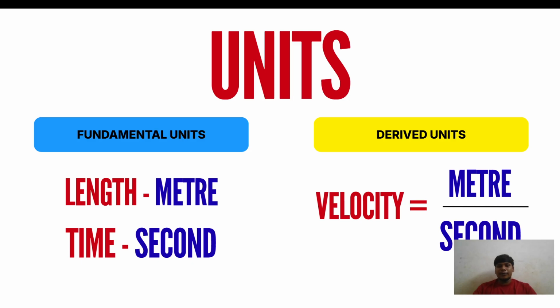The distance between 2 points is basically a length. So it is considered as meter. Length unit is meter. With respect to time, the time's unit is second. So we can represent velocity as meter per second. So this velocity does not have any particular special unit. It is derived from the fundamental units, so it is called a derived unit.